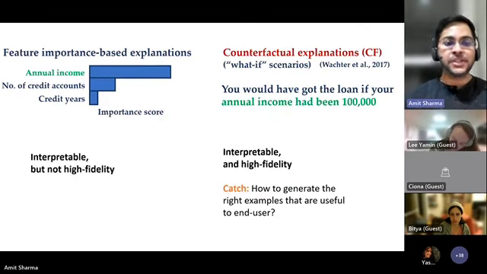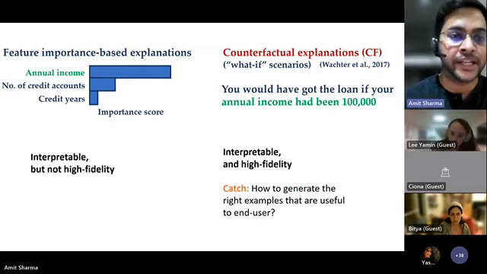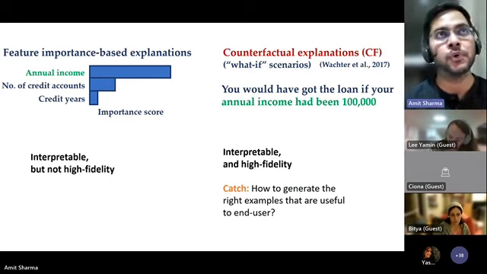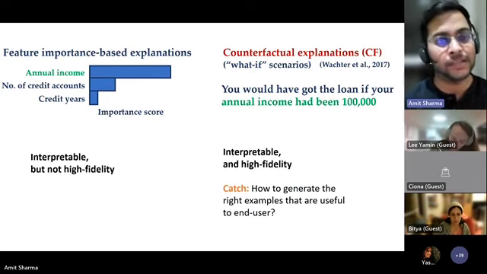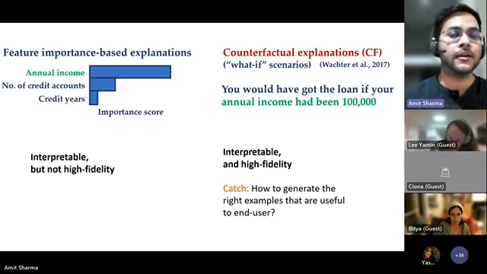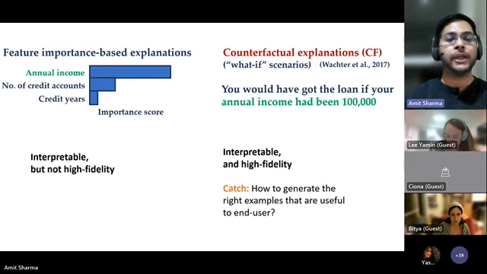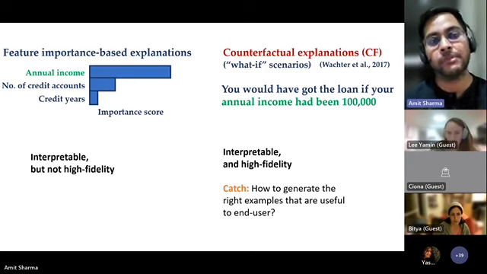But you can also imagine it in a different way, where feature importance based explanations may not be high fidelity. And I think this is a much stronger limitation of such methods. What I mean by that is you might see that annual income is the highest important feature here, but it may not mean that changing annual income even by some reasonable amount would actually get you the loan.